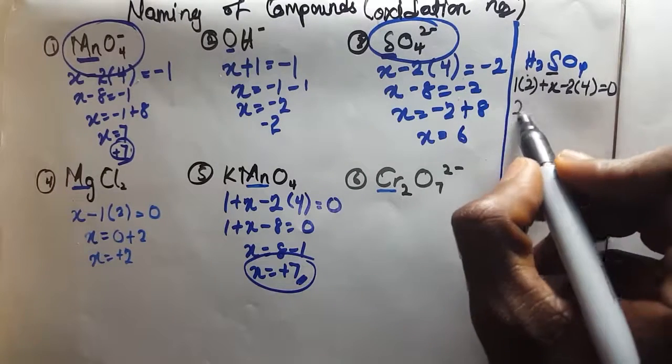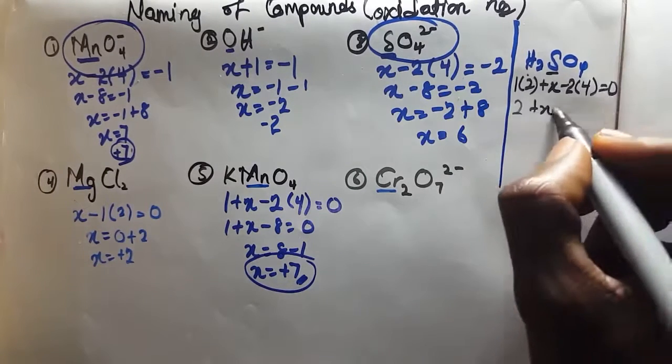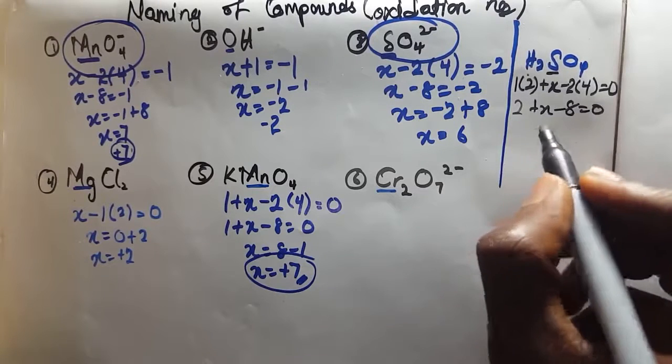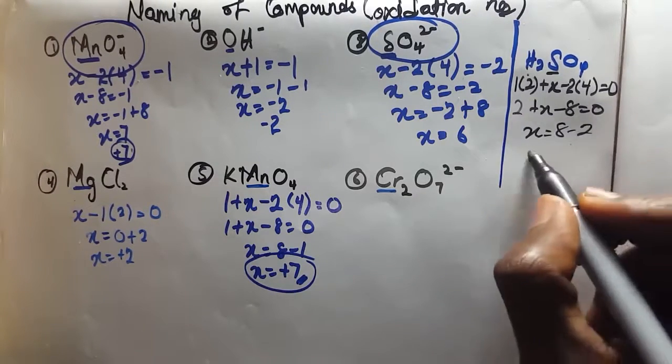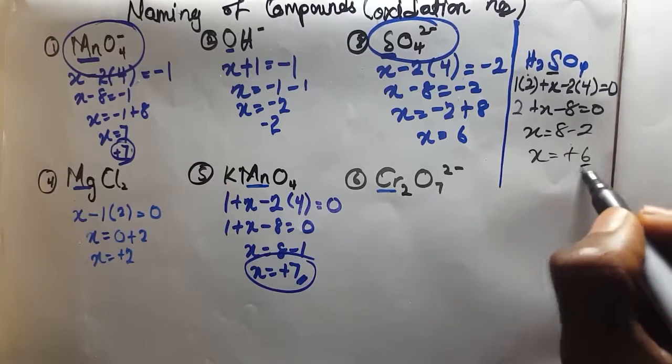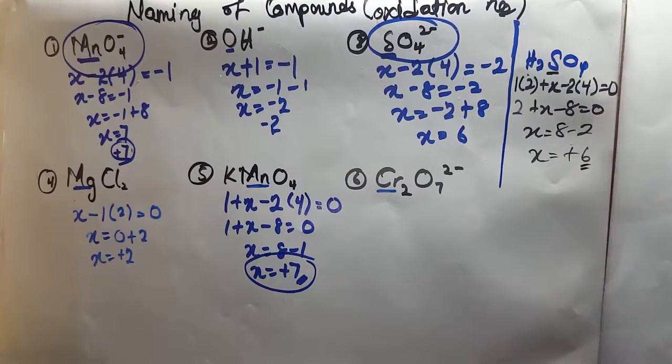So let's see, 2 plus X minus 8 equals 0. So X equals 8 minus 2, X equals positive 6. So anywhere you see SO4, you're going to have a charge of positive 6. Sorry, an oxidation number of positive 6.